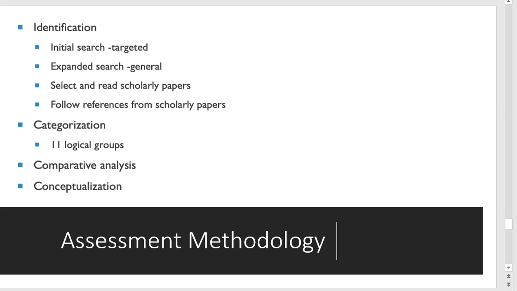How can policies be identified? The first step is identification: initial targeted search, expanded general search, selecting and reading scholarly papers, and following the references in those papers. This is a very generic research process where we need to search about each and every element of the policy exclusively, and understand why that element is important.